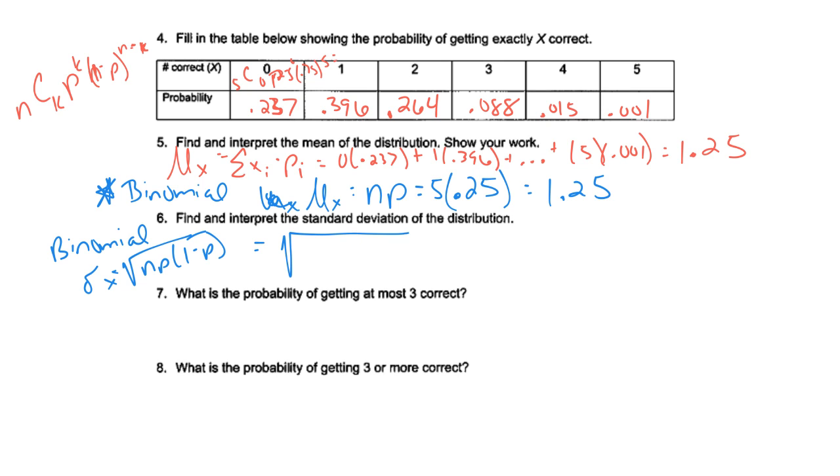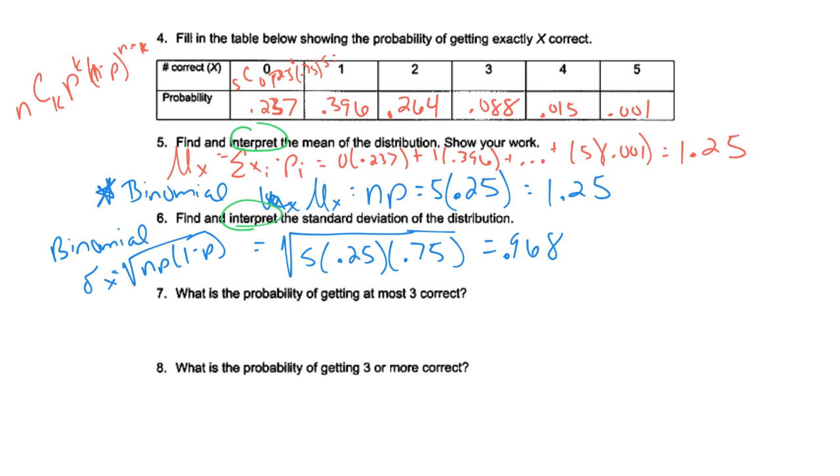In this case, it would be the square root of n, which was 5, times 0.25, the probability of success, times 0.75, the probability of failure, which will give me a standard deviation of 0.968. These are not complete answers because we did not interpret either one of them. So let's talk about what interpretation would look like. I don't think I'm going to write it up there because it's going to be super messy.